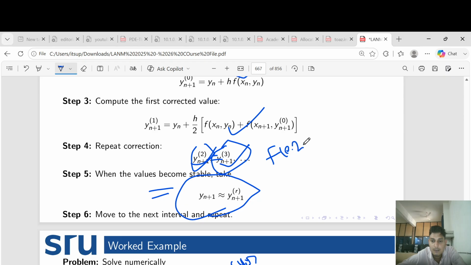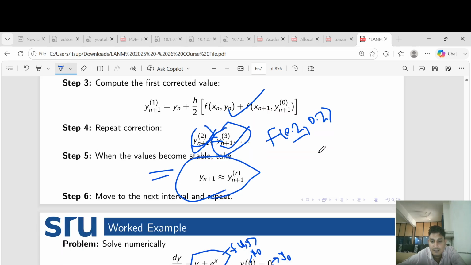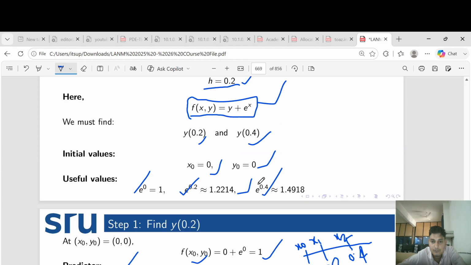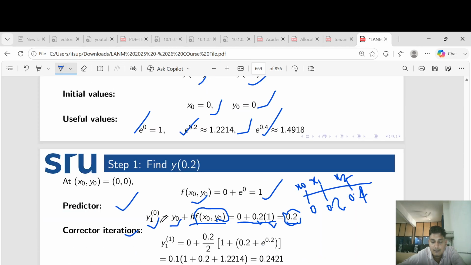0.2 comma y(n+1) means y1 at 0. So this is also 0.2. Why is this also 0.2? We evaluated it from the straight line, x1 is 0.2 and this is y1 at 0.